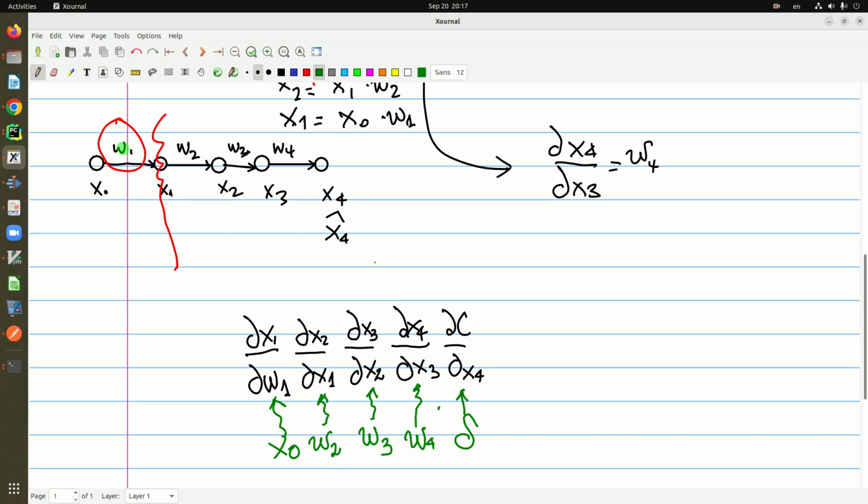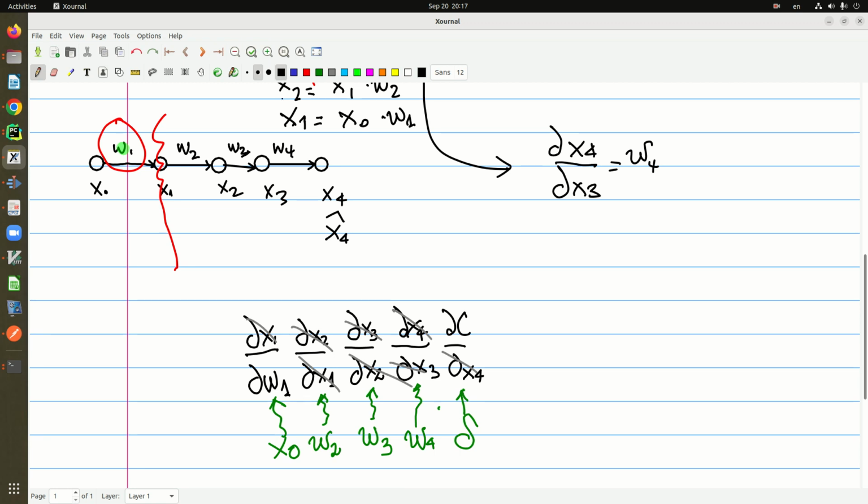Now, take a careful look: this and this, they cancel themselves. This and this, they also cancel themselves. Same here, same here.